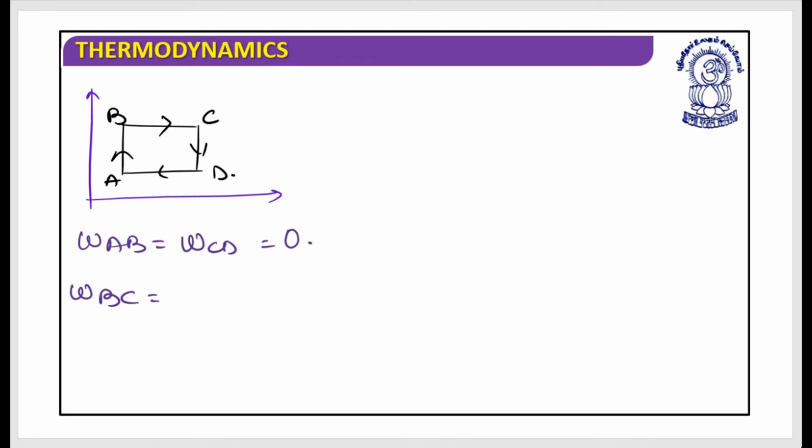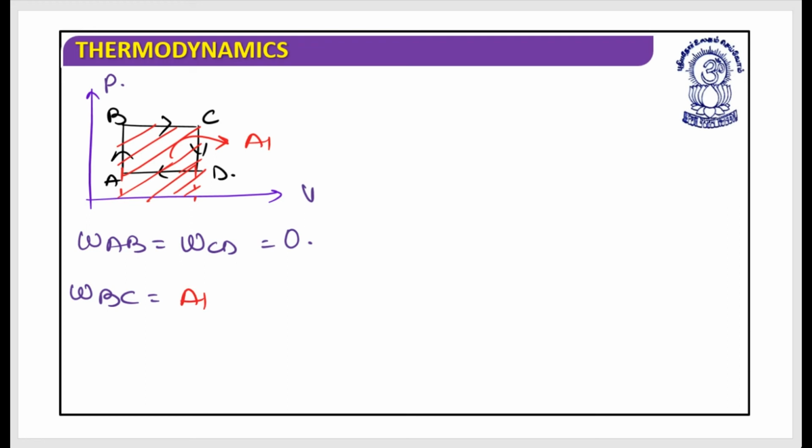This is P, this is V. You need to find out the area under the curve on the PV graph on the volume axis. So the work done due to BC is basically something like this. You need to calculate the area of this complete region. I hope this is clear. Let's call this area 1.